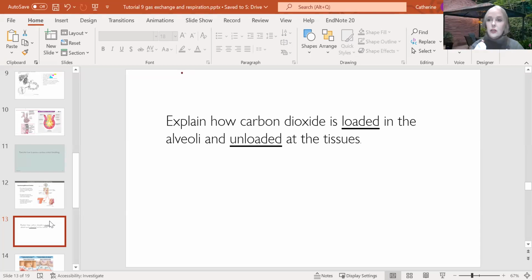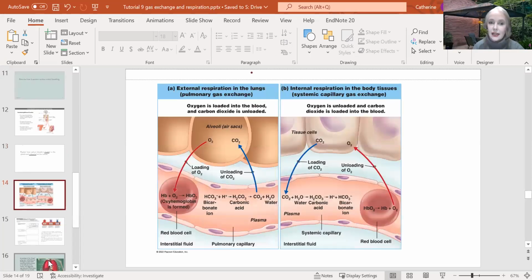Okay, what else do we need to talk about with carbon dioxide and oxygen loading and unloading? The capillaries. Yes, absolutely. And do we need to mention things like diffusion? Simple diffusion would be a term you want to chuck in there. Yep. How they're transported across. How they're transported across.